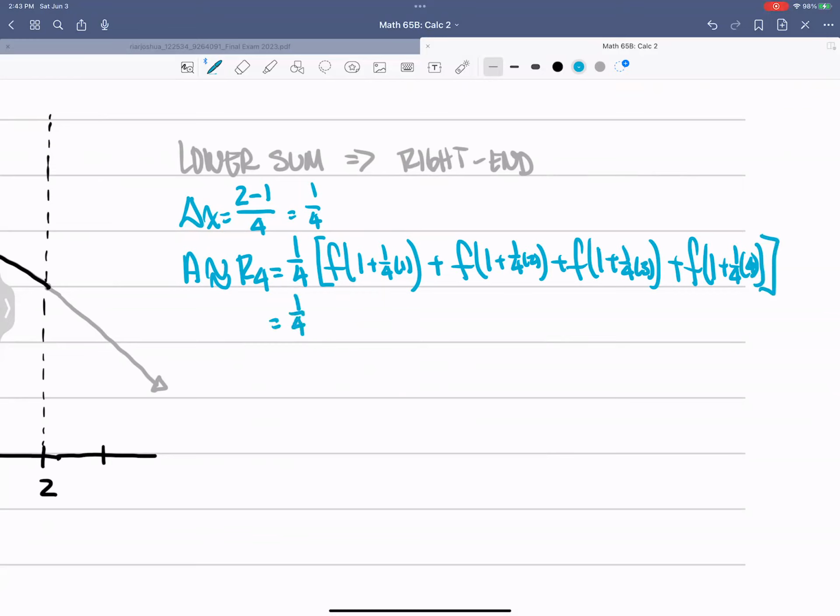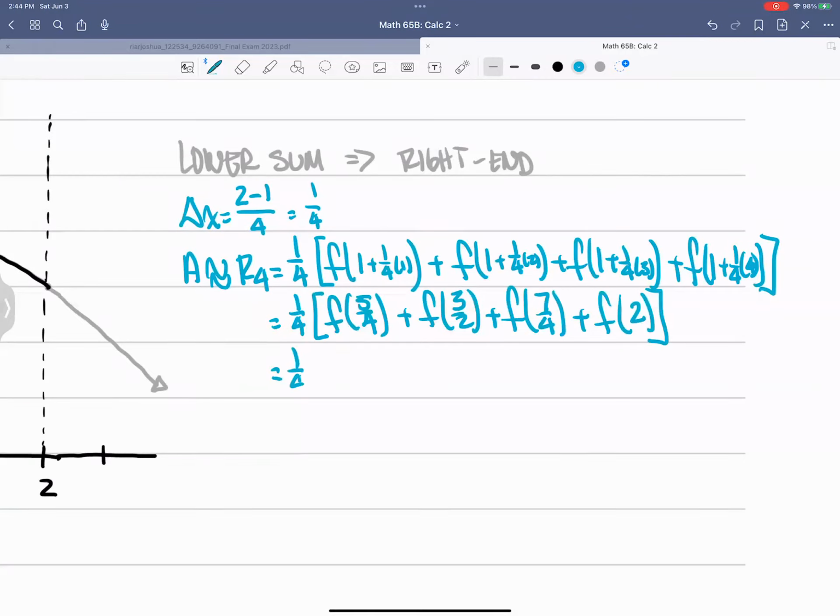1 over 4. We're looking at f of 5 over 4, plus f of 6 over 4, or 3 over 2, plus f of 7 over 4, plus f of 8 over 4, which is 2.